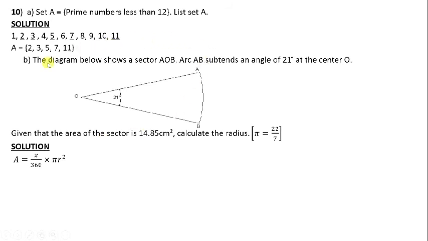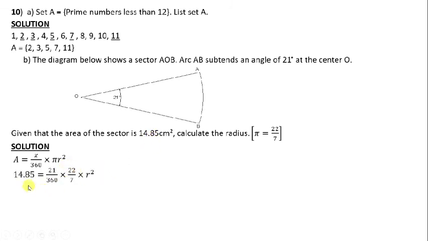A whole circle is 360 degrees, a complete revolution. A part of that revolution, we get 21 and put it where there's x. Then where there's pi, we'll put 22 over 7. Since the area of the sector has already been given, where there's A, we'll substitute 14.85 and solve for R.